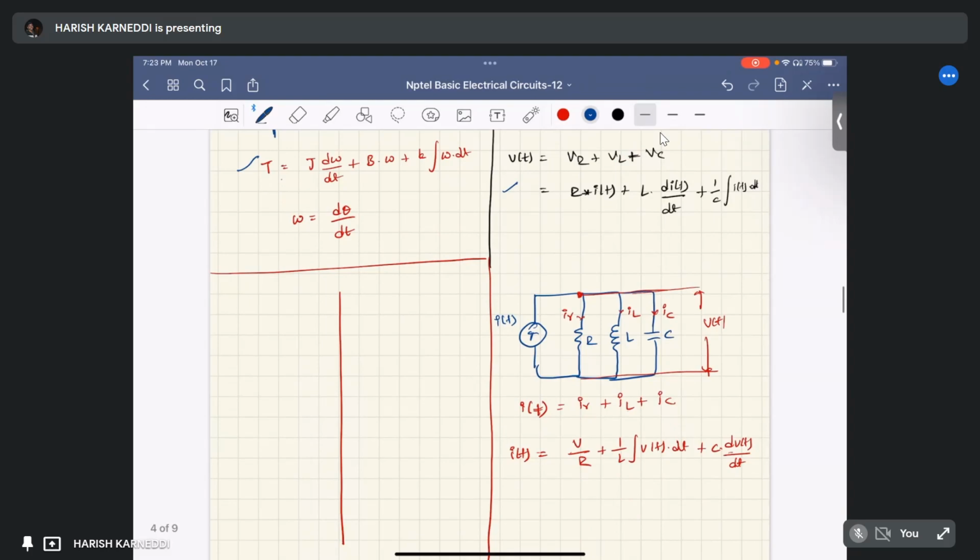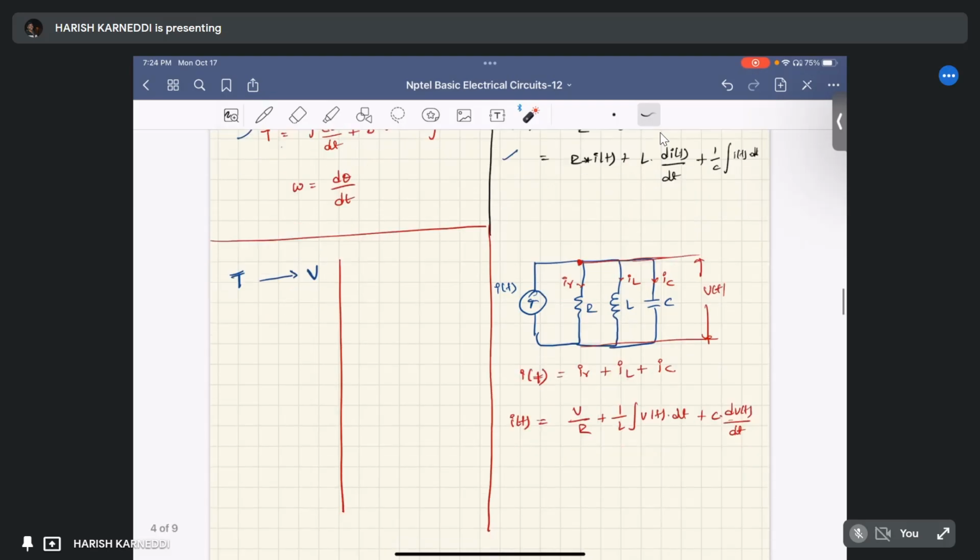In place of torque, torque is equivalent to voltage, because here it is torque, here it is voltage. The torque equals voltage, and it is J d omega by dt. The only derivative term here is L di by dt, so we can equate the inertia with inductance.